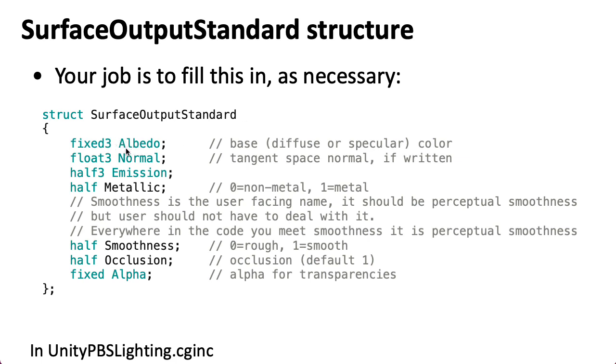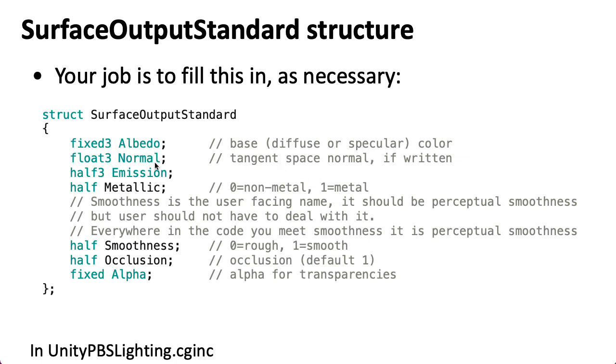So here we can fill out the albedo, the normal, the emission, the metallic, where 0 is nonmetal and 1 is metal, smoothness. There's this point here that it's actually, technically speaking, perceptual smoothness, but the user doesn't want to constantly see the word perceptual there. Occlusion, and alpha for transparency. Now, the normal information is interesting.